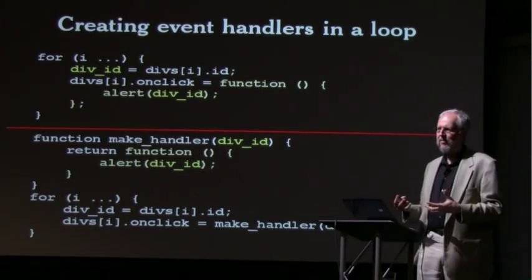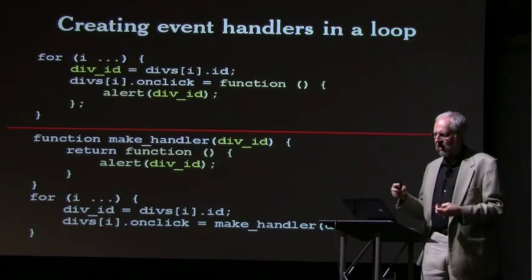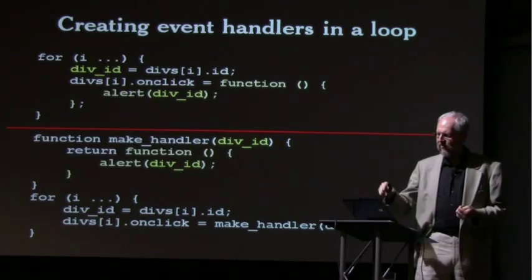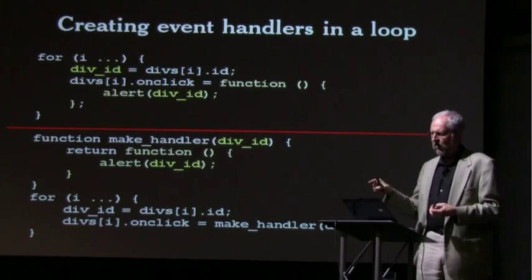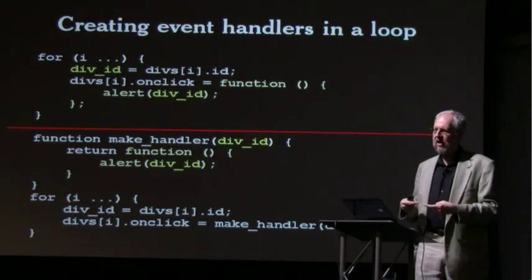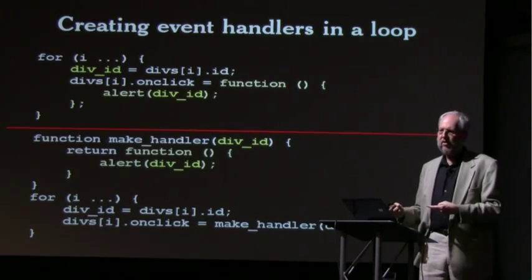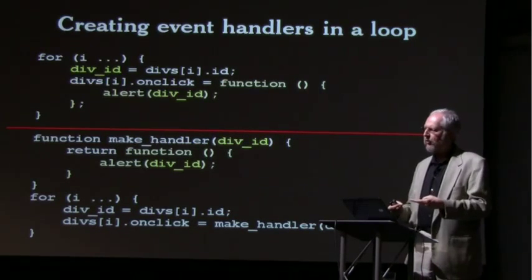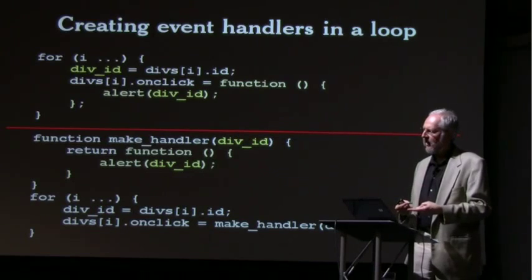And you wonder, how did that happen? It's because when you add the function to onClick, it's closing over div ID, which is constantly changing. And so by the time you finally get around to clicking on them, you're going to be getting the final value, which was the value that kicked you out of the loop.